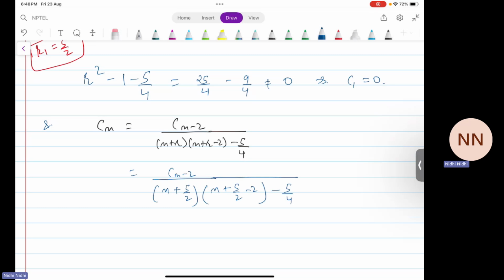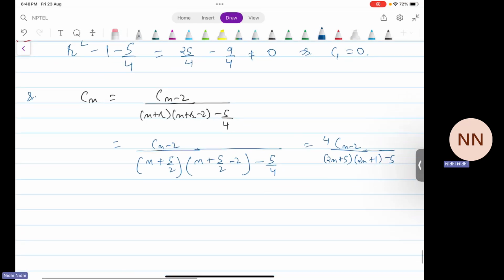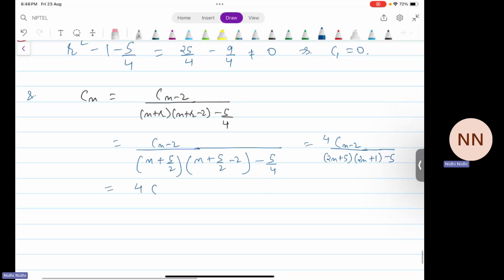This will be 4Cn minus 2 by 4n square plus 10n plus 12n, which is Cn minus 2 by n plus 3.